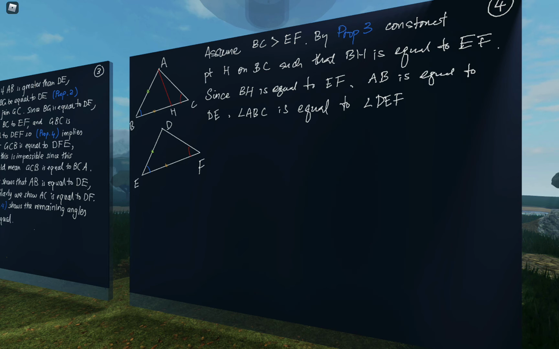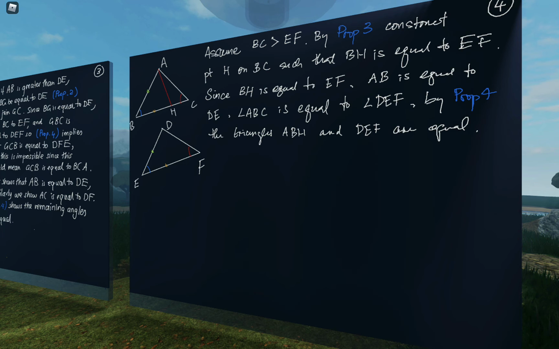This is a blue angle, right? By proposition 4, we have shown that the triangles ABH and DEF are the same. The triangles ABH, so the one we constructed, and DEF are the same or are equal.